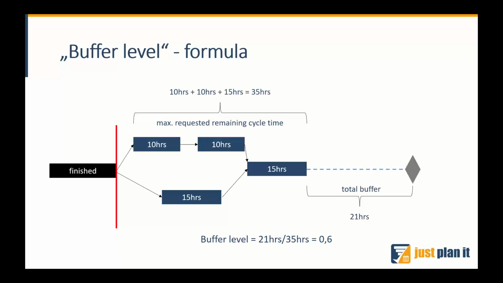The relation is very important because the total buffer, as we had it only in older versions, was not as significant. A long time distance didn't say too much, because if it was a very short job with a very short remaining required cycle time, such a job wouldn't be very much at risk.